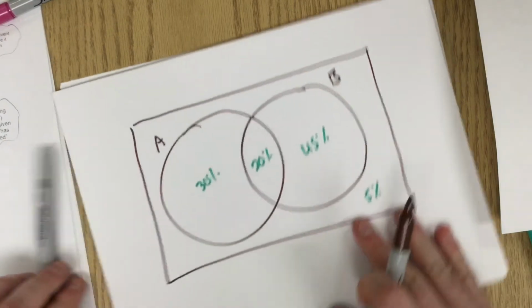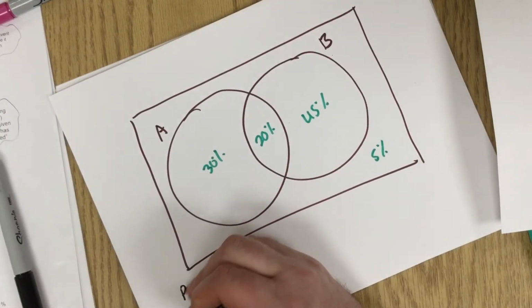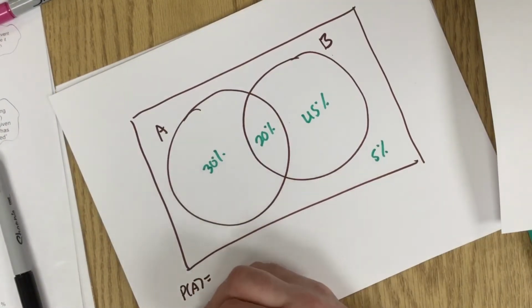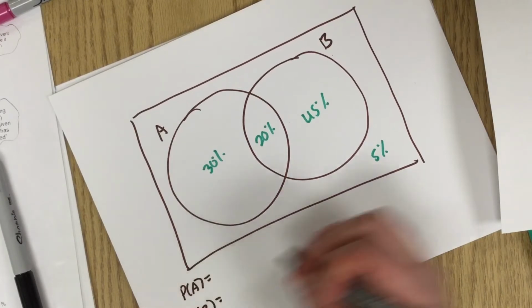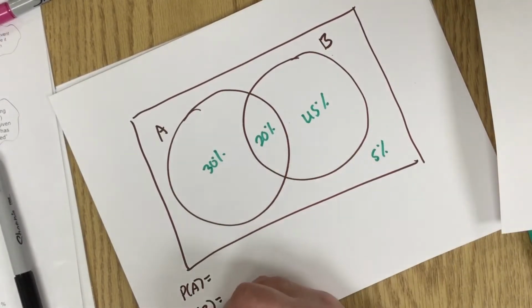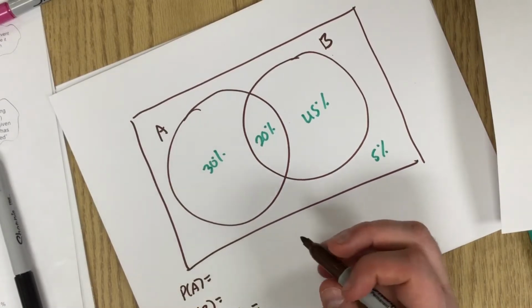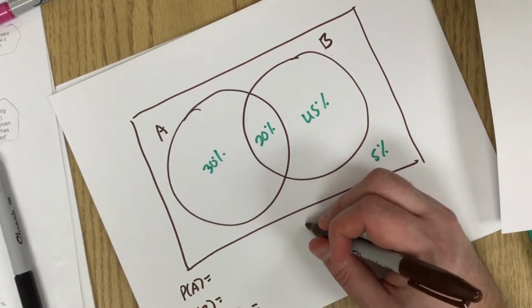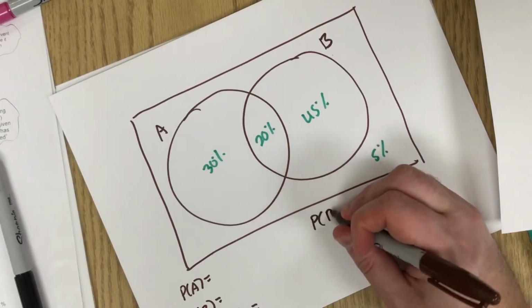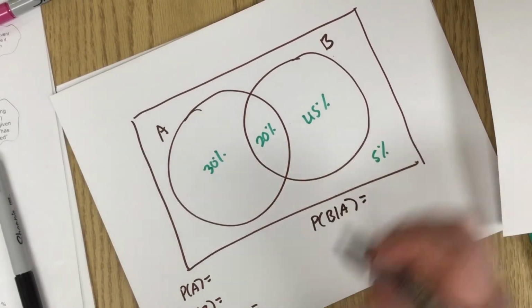So if I said, what's the probability of A, what's the probability of B, what's the probability of A and B, and the probability of B given A.